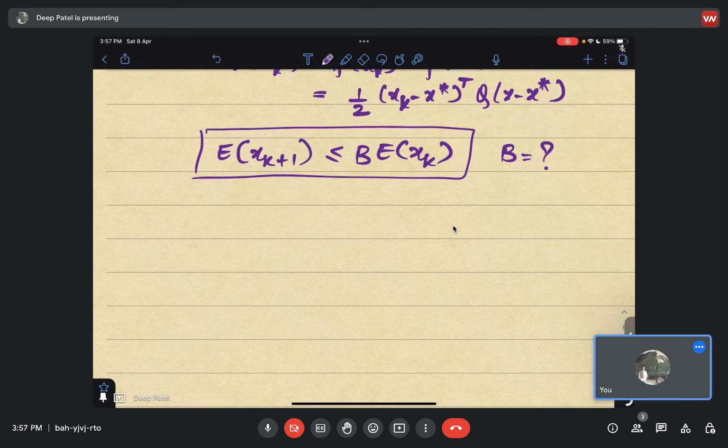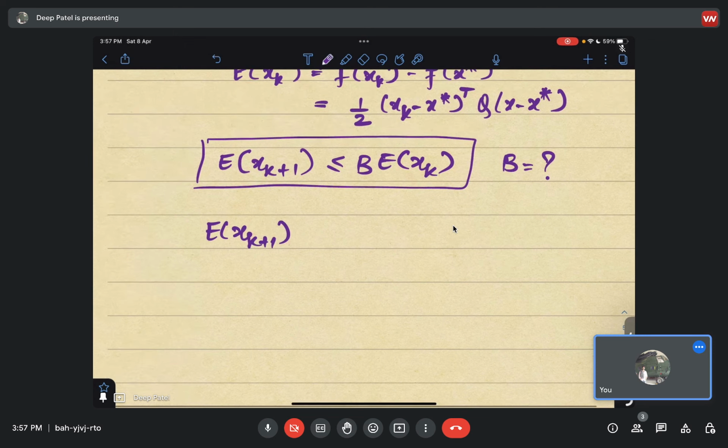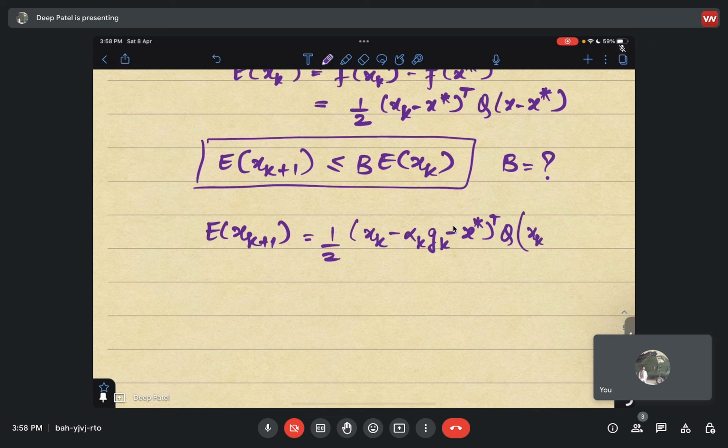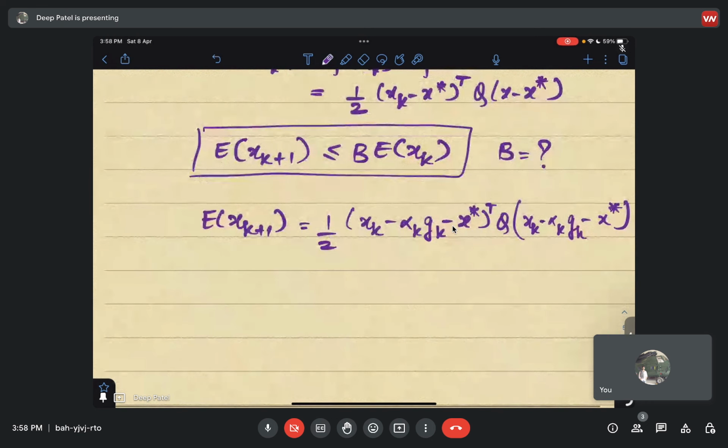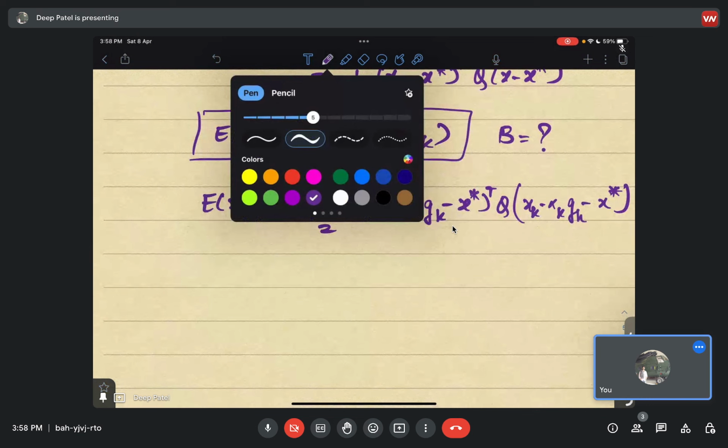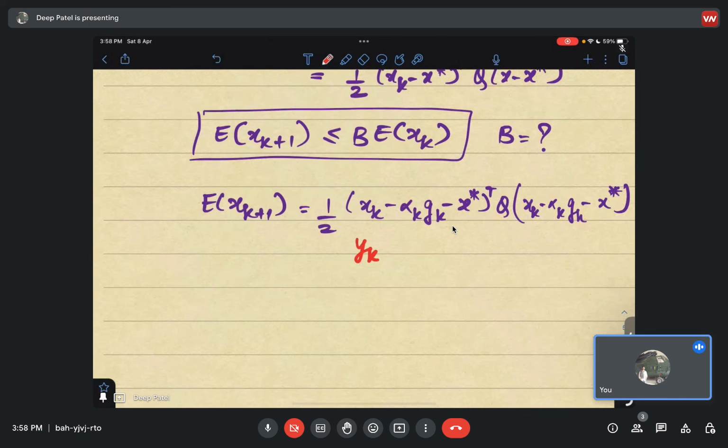So let's write the error at x_{k+1}. By definition, it is half of (x_k minus alpha_k g_k minus x star) transpose Q (x_k minus alpha_k g_k minus x star). Let me call x_k minus x star as just y_k, because notation will become clunky very soon.